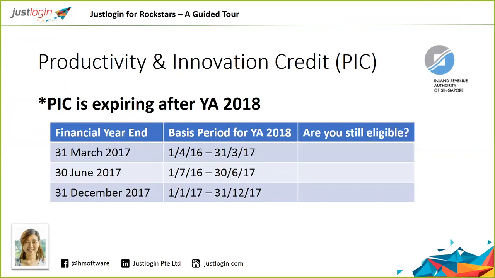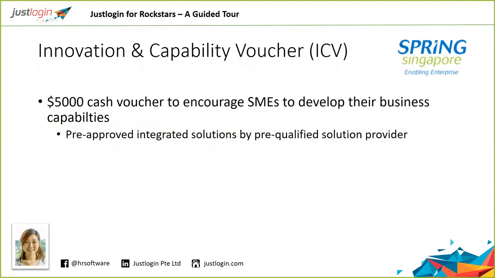So if your financial year end is from January to March, it has already ended. But you still have a chance if your financial year end is after April. So for June, December, anything, if you're still available, you can still use the PIC.